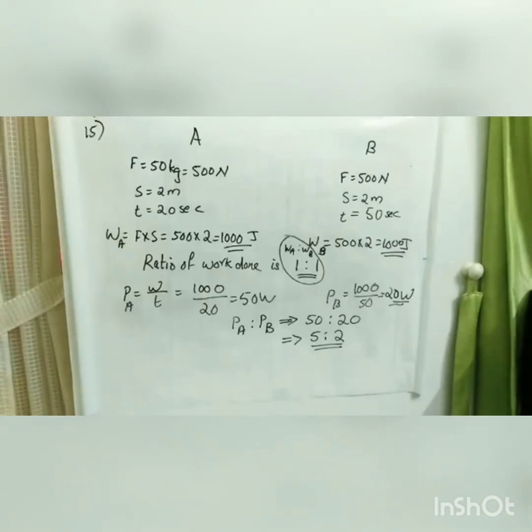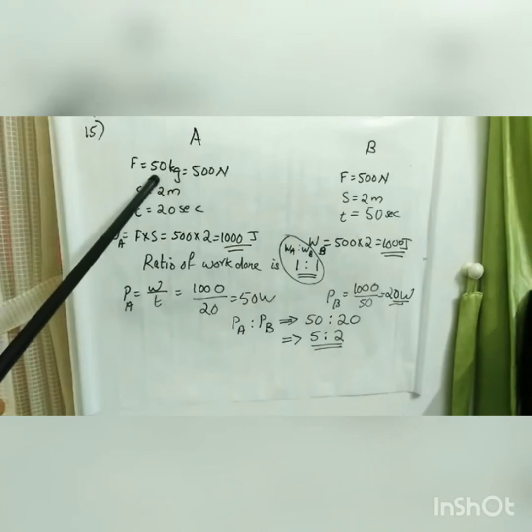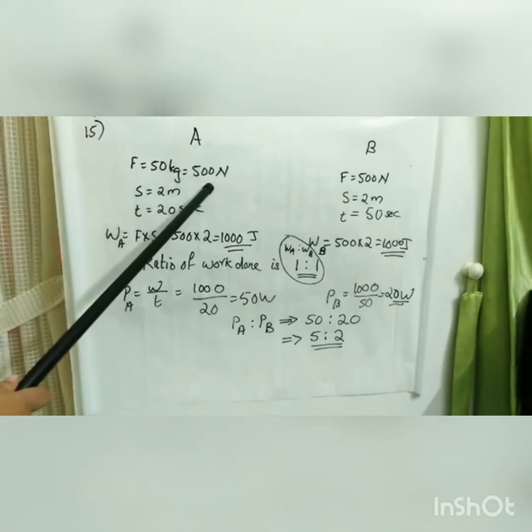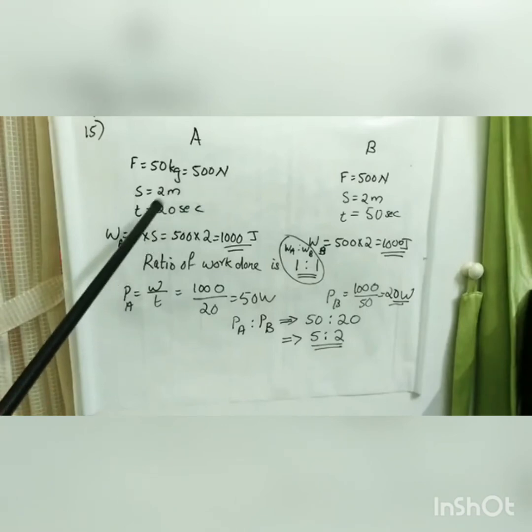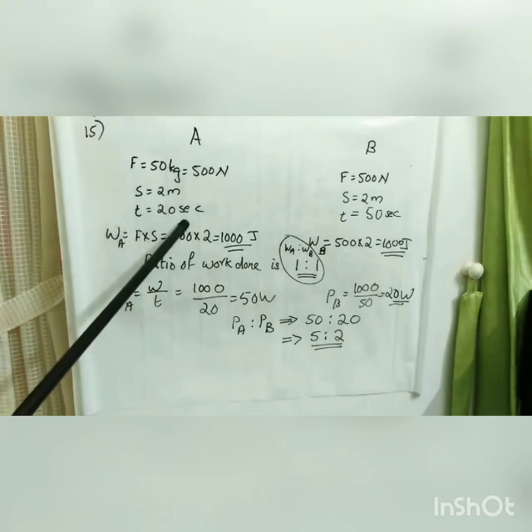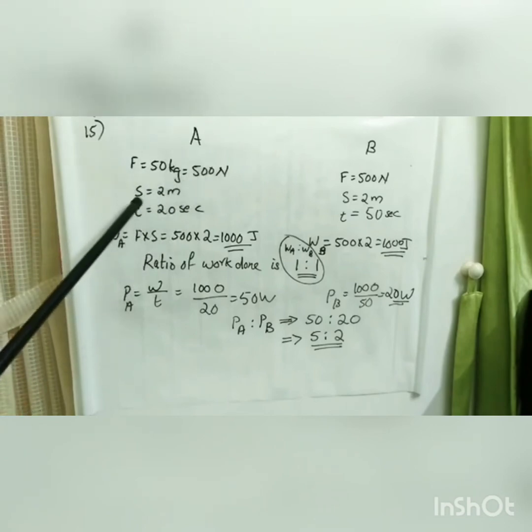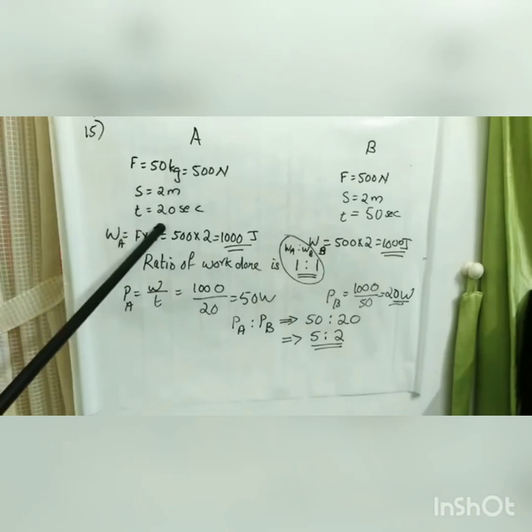Question number 15. A man raises a box of mass 50 kg, converting to Newton, 500 Newton, to a height of 2 meter, distance 2 meter, in 20 seconds. Okay, force 500, distance 2 meter, time 20 seconds.